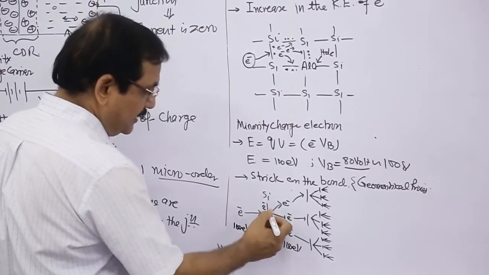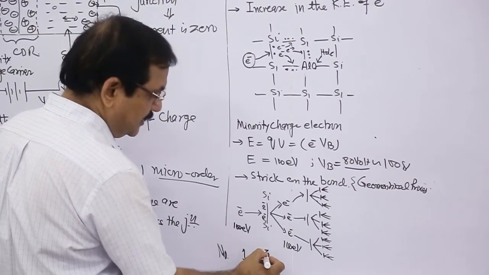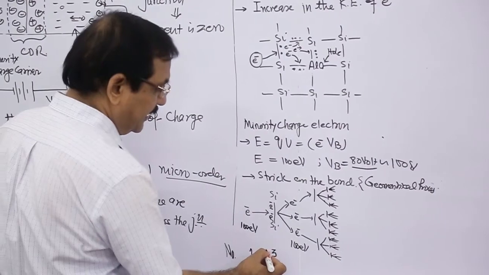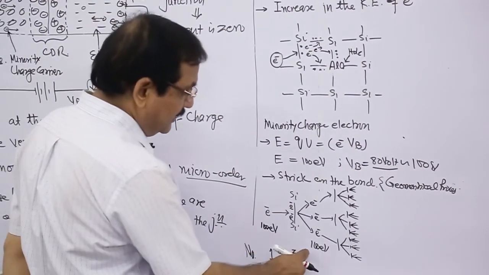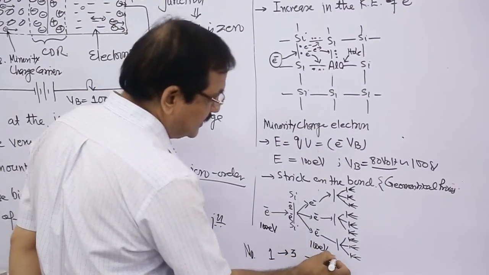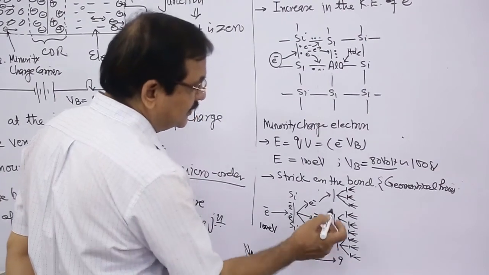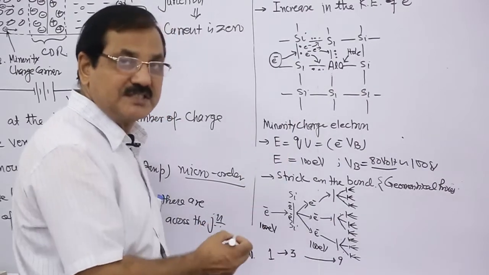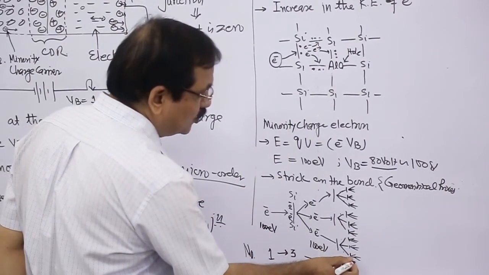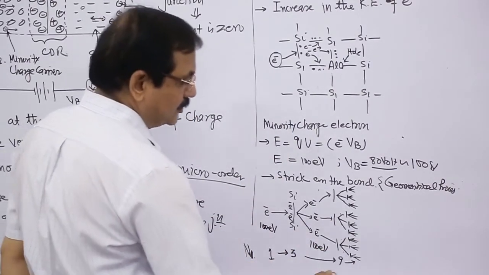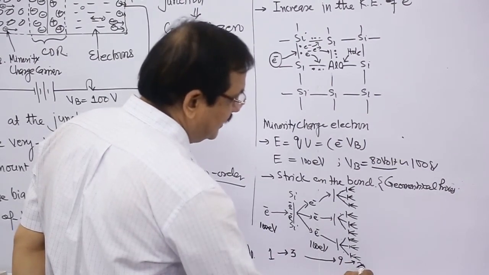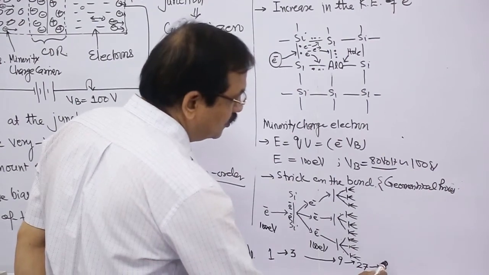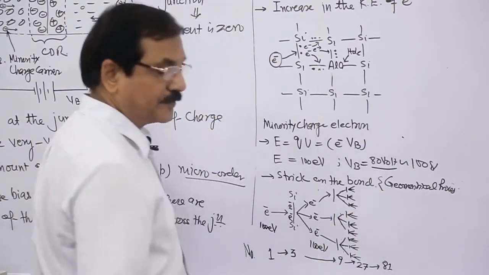In step 1, the 1 electron creates 3 electrons, and these 3 electrons create 9 electrons, and these 9 electrons create 27 electrons, and if the process continues, there will be 81 electrons.